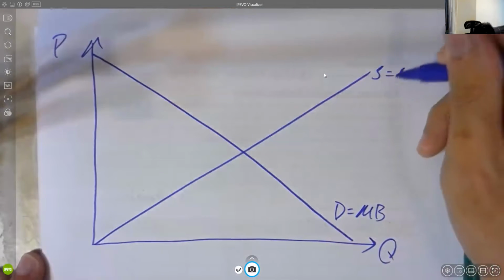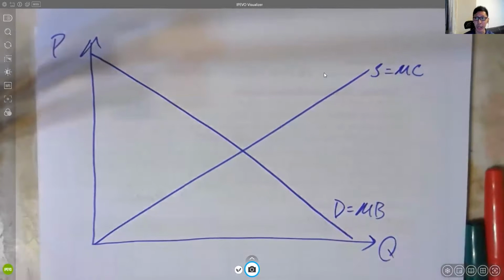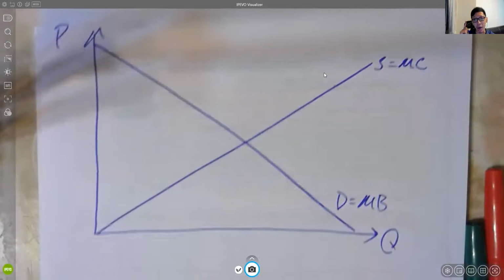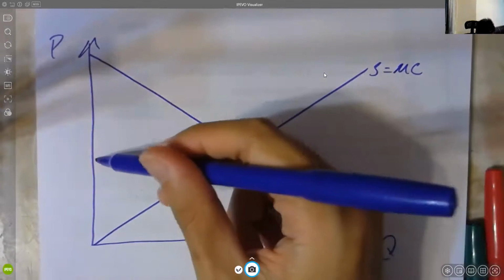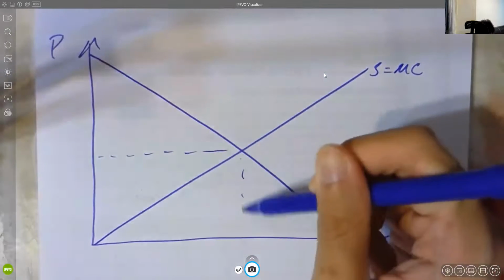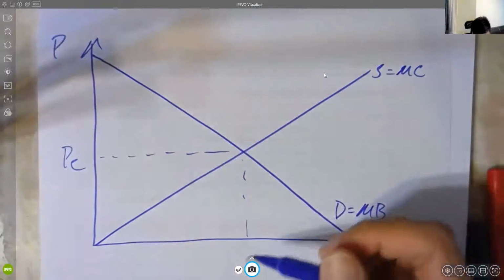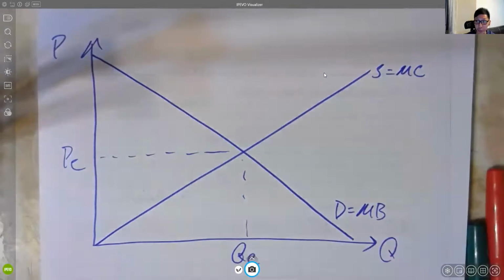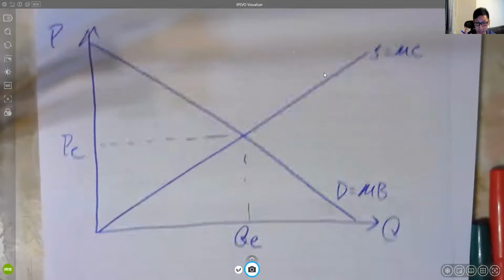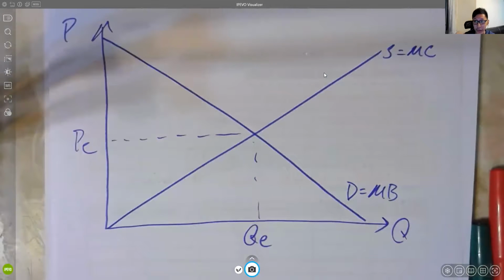Supply equals MC. So you will see from our demand supply analysis, we should have this. We have our equilibrium price and equilibrium quantity. Of course, in this case, later on you will see this is also the efficient price and efficient quantity.